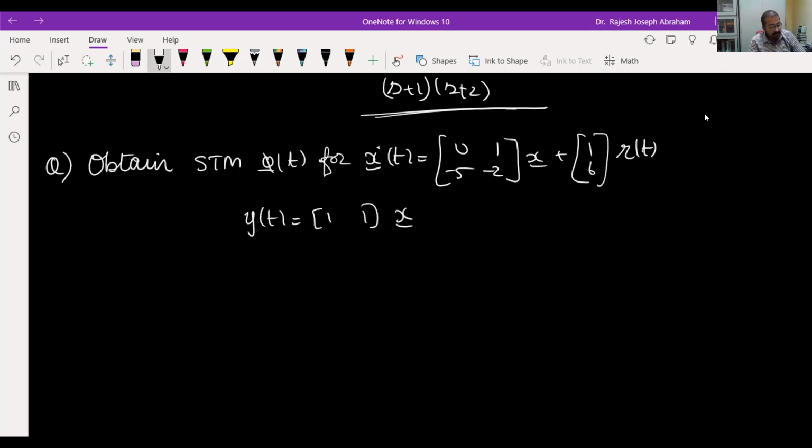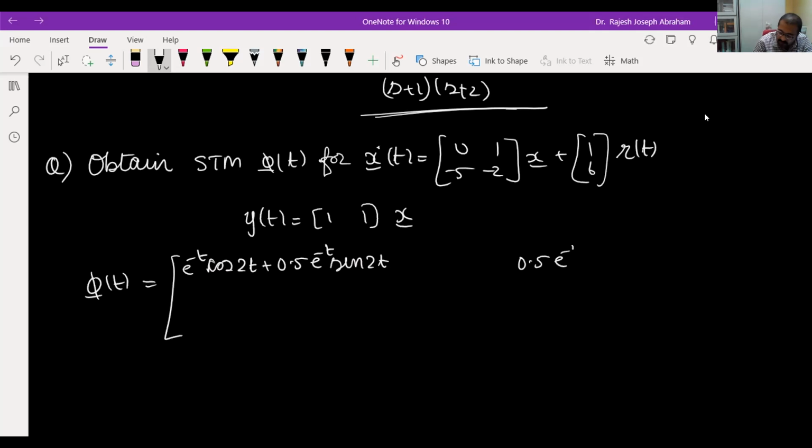Okay, I will give you the solution of that. You can try, you must try. Okay, so the solution is phi of t, the state transition matrix, is nothing but this: e raised to minus t cos 2t plus 0.5 e raised to minus t sin 2t.